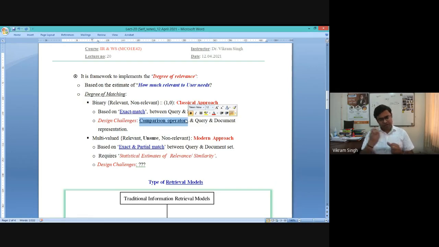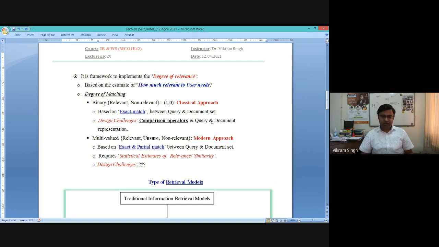So the basic Boolean model can be adapted, and new operators can be proposed for the Boolean retrieval model. This is one of the classical models. Naturally, if you are experimenting with the comparison operators, you can always have a new Boolean-based operator, or you can have a new retrieval model, because you have proposed a new comparison operator.